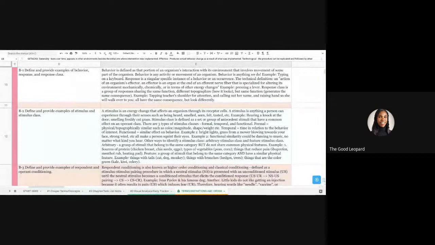Let's move into the types of stimulus classes, because I think this is going to be a little easier to understand. There are 3 types of stimulus classes: formal, temporal, and functional. Formal, temporal, functional. FTF.